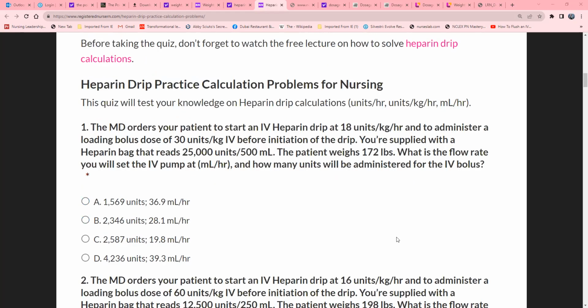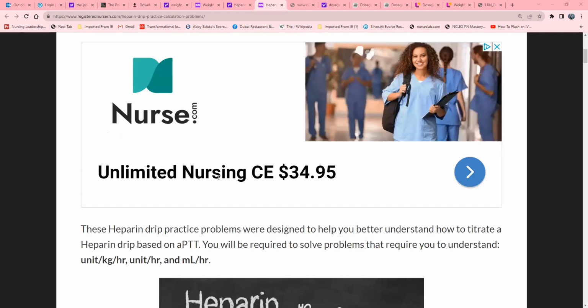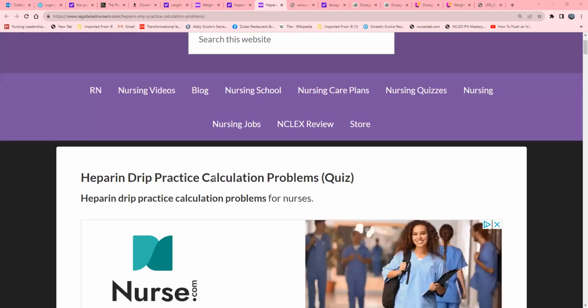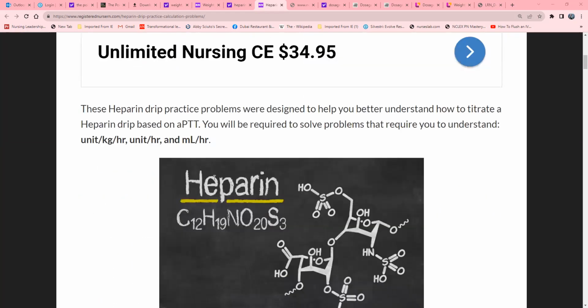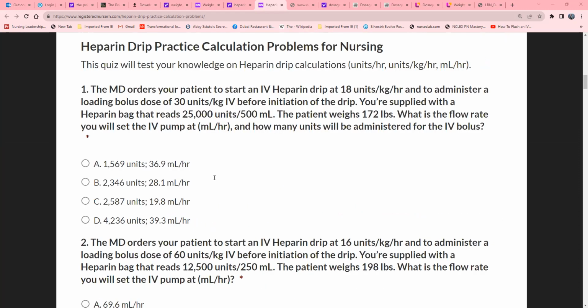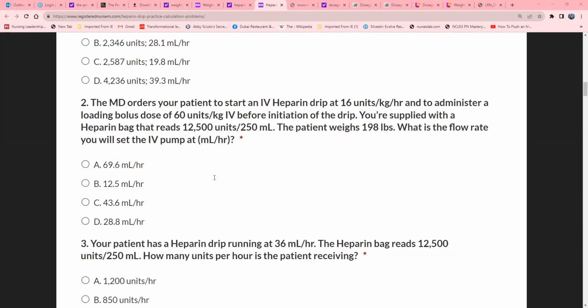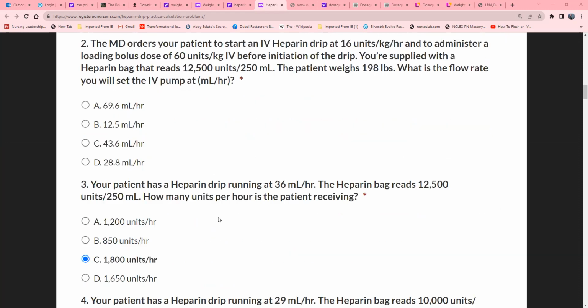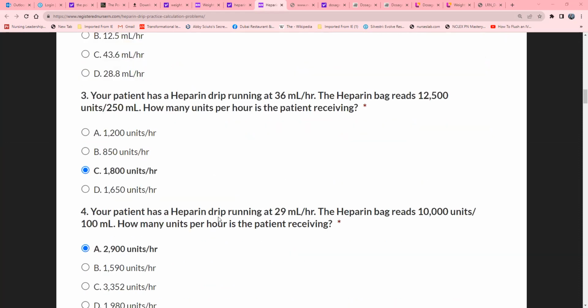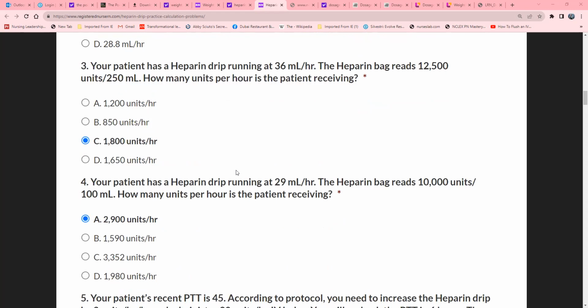All right, anything else you guys want to go over? Just the type of problems that's going to be on the quiz on Monday. So likely what you're going to see is like that heparin one we just did. A couple of those micrograms per minute to milliliters per hour, like 3 and 4.